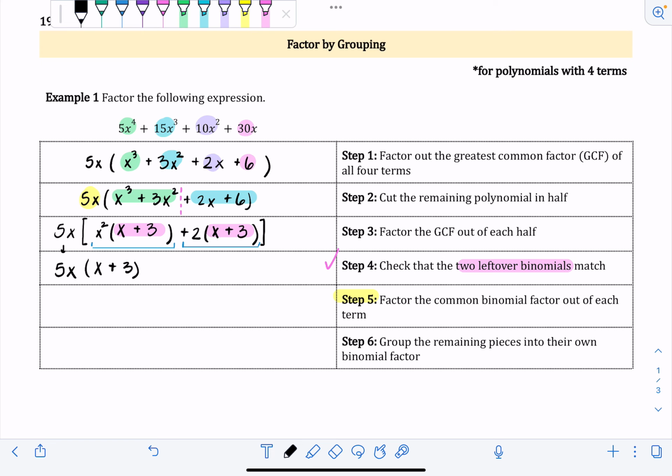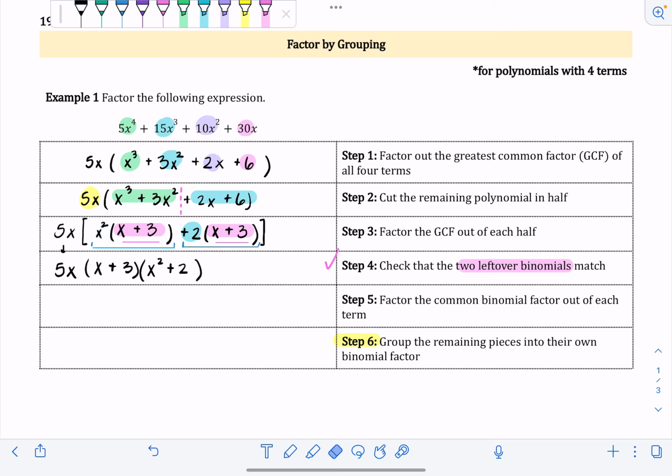What I have left over after I pull the x plus 3 out is x squared plus 2. So that's what step 6 is: group the remaining pieces into their own binomial factor, so that x squared plus 2 goes in its own parentheses.